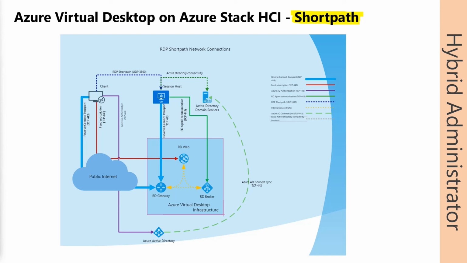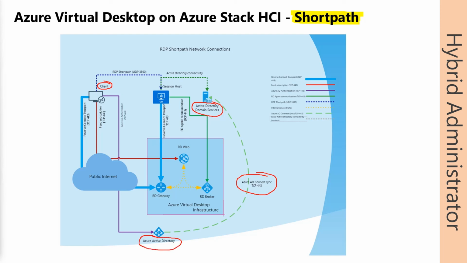For sure, the client, we can see the client here, has to authenticate. The client will authenticate via Active Directory Domain Services because the client where we access the resources is part of the local domain. With Azure Active Directory connectivity and Azure Active Directory Connect, we have a hybrid authentication.